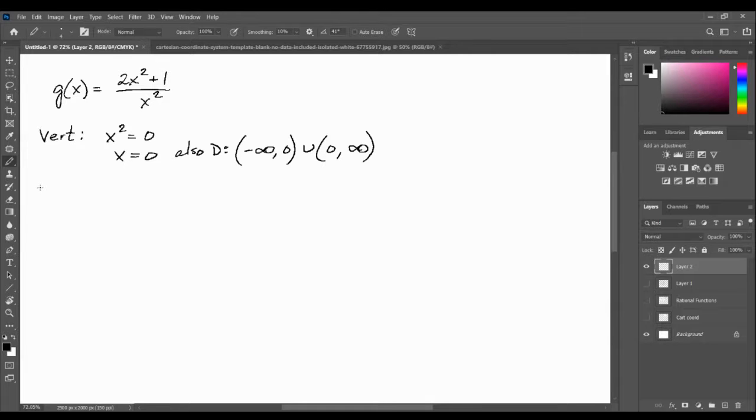So now we'll find the y-intercept by setting x equal to 0. Well, we know that that can't happen because it's outside of the domain, right? So we can say that's a problem. So no y-intercept, because we can't divide by 0. The x-intercept we get by setting the numerator equal to 0.